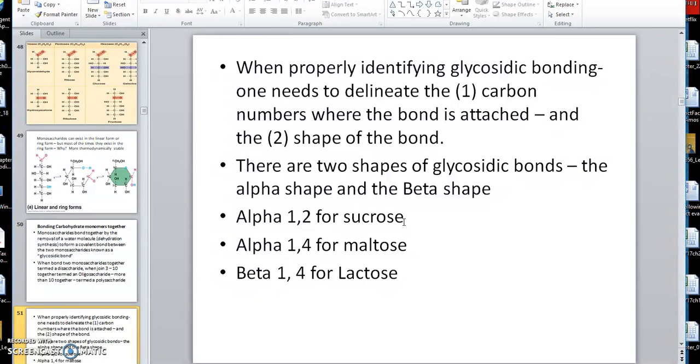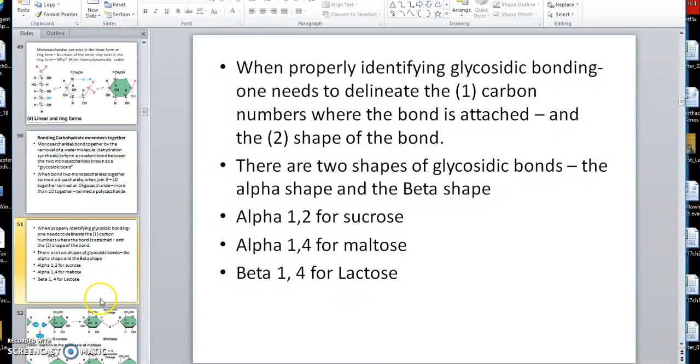An alpha-1,4 linkage, common in beer and so forth, is maltose, which is between a glucose and another glucose. And then a beta-1,4 linkage between glucose and galactose forms lactose, which is in milk. You've heard of lactose intolerance. So just showing you some things.